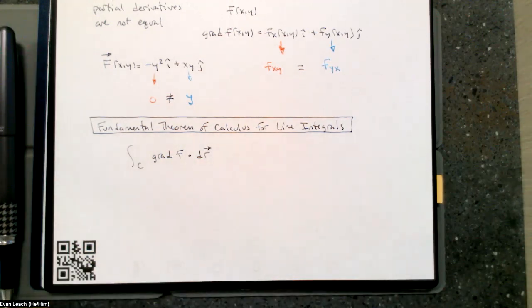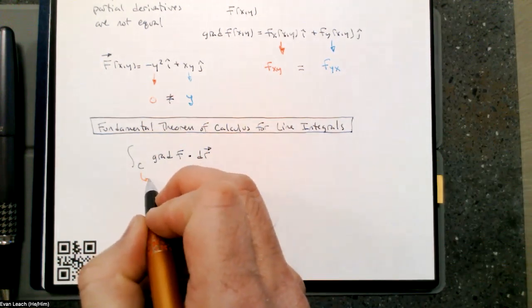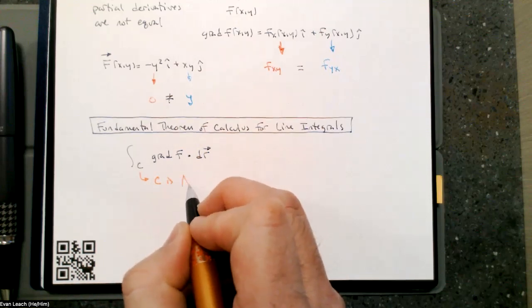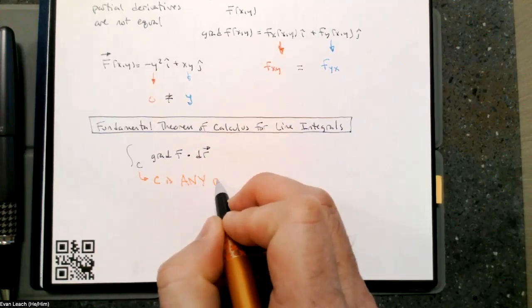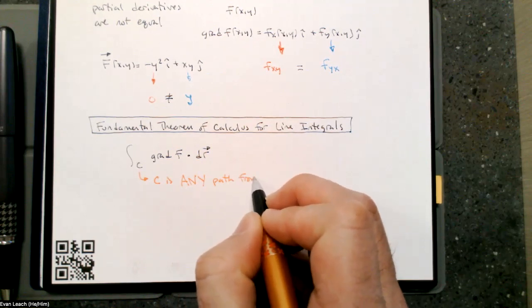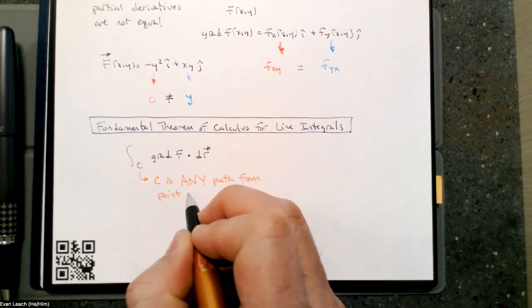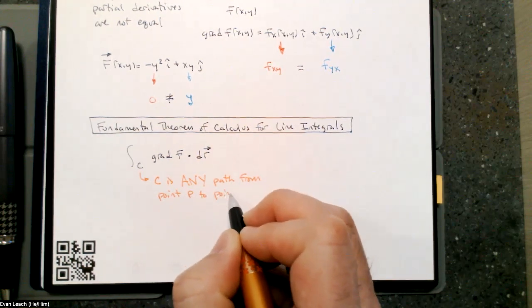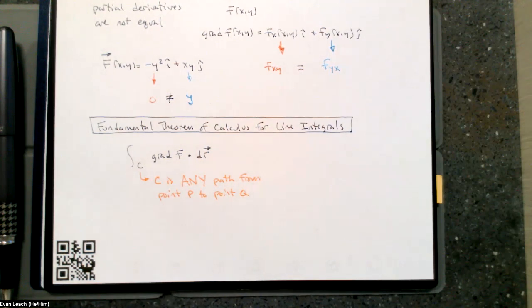The fundamental theorem of calculus for line integrals applies to integrating conservative vector fields, integrating gradient vector fields. Now, this is where C is any path from point P to point Q. The path doesn't matter because we're integrating a gradient field.